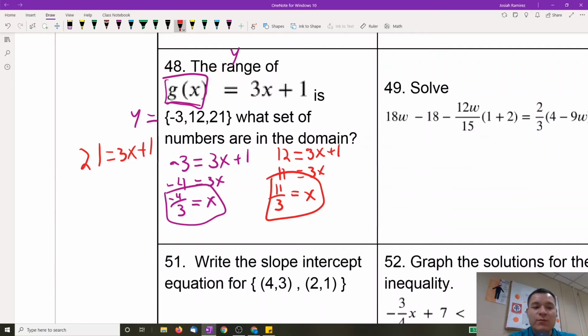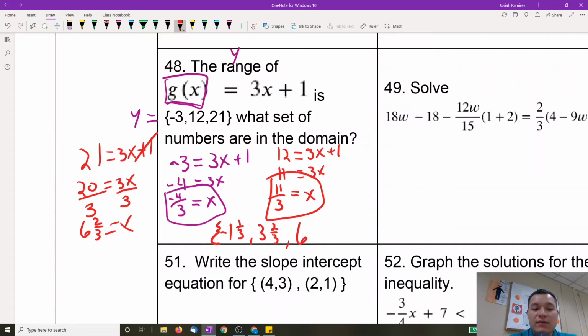We'll subtract 1 first. Then divide by 3. We'll get 6 2/3. We need to put these numbers from least to greatest. So my domain is going to be negative 1 1/3, then we'll have 3 2/3, and finally we'll have 6 2/3.